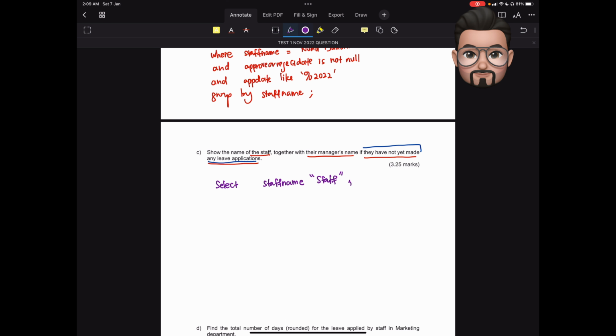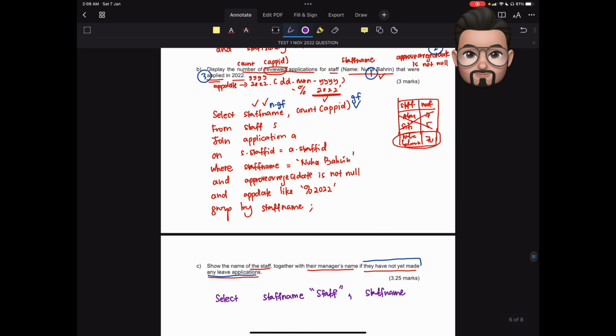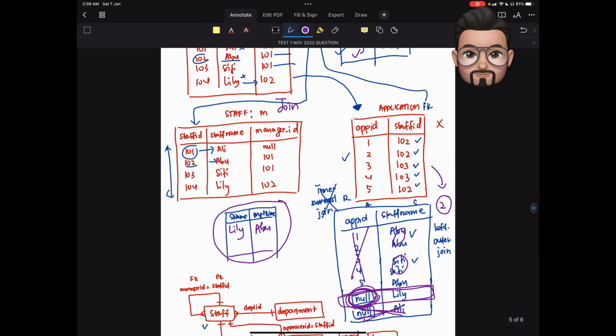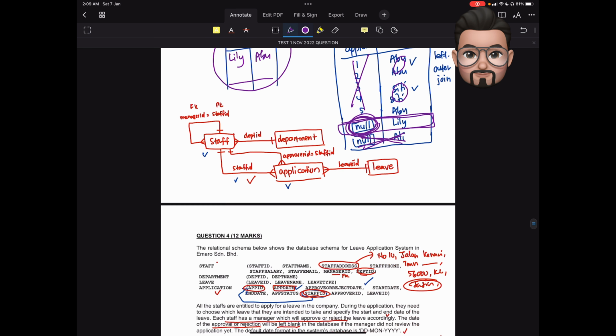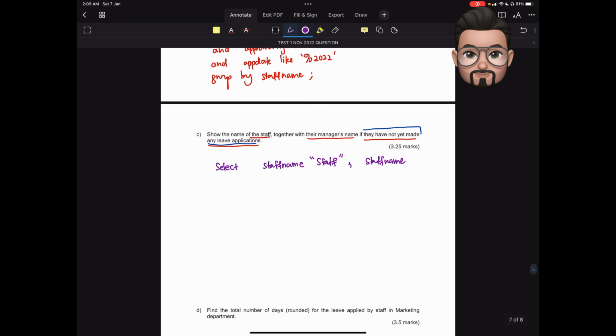The second one, we want to select staff name also. Why staff name? Because one is from S and one is from M. So from the staff, of course, it has to be S, and for the manager, we put M.